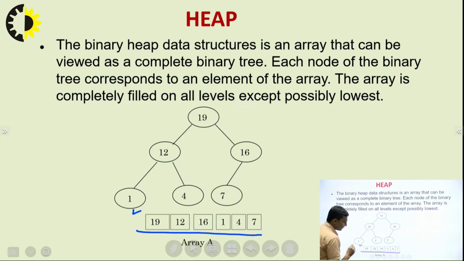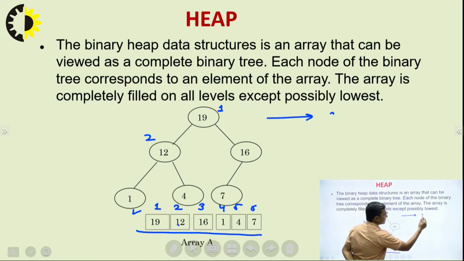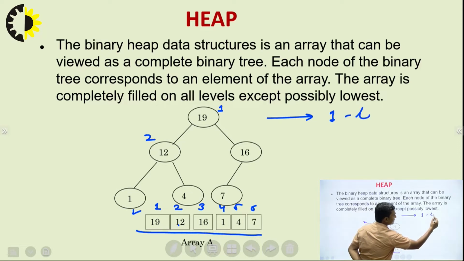Just take a look here. If I give indices to these array elements, 19 will be at the first index, 12 at the second index, 16 at the third, and so on. If we operate on this array as a heap, the element at index 1 will be the root node, and the element at the second index will be the leftmost element at the second level. We define these positions on the basis of the levels of the tree.